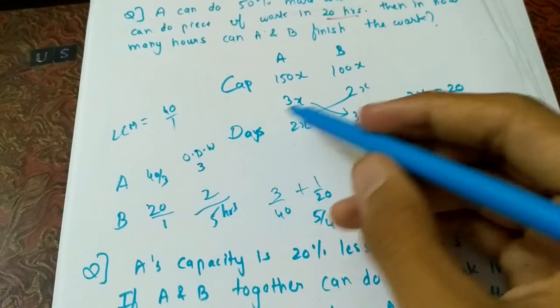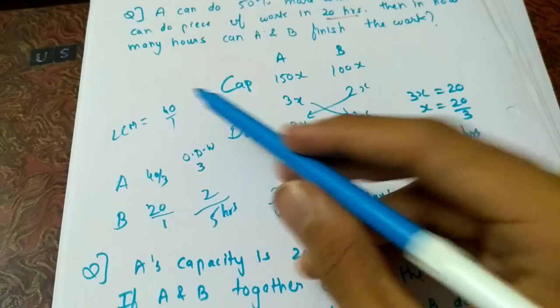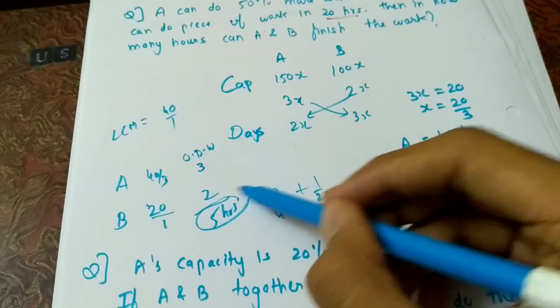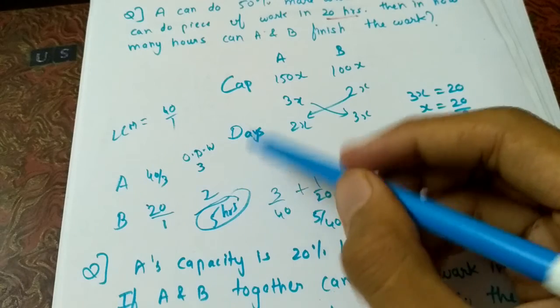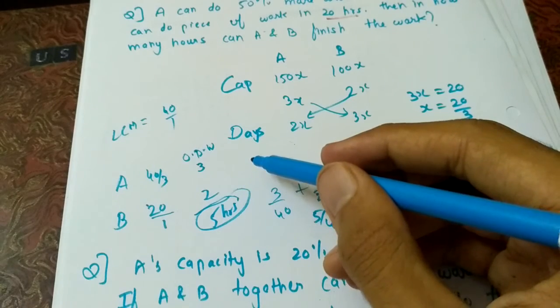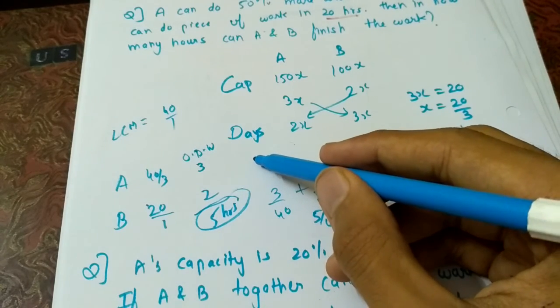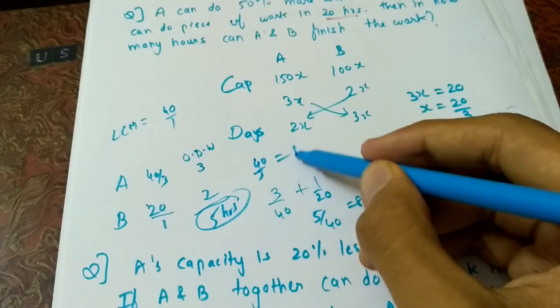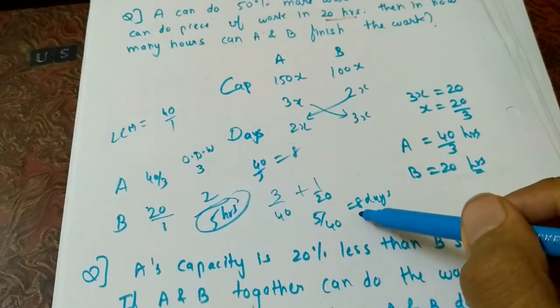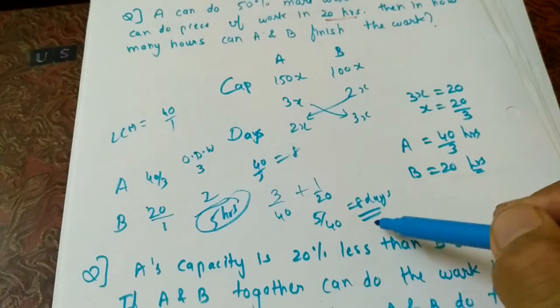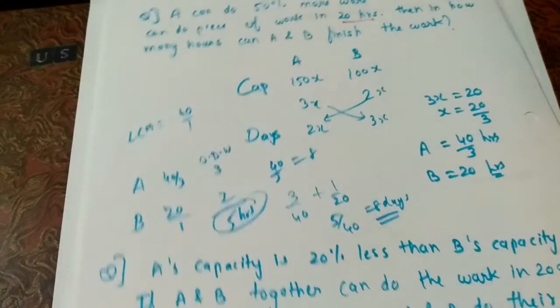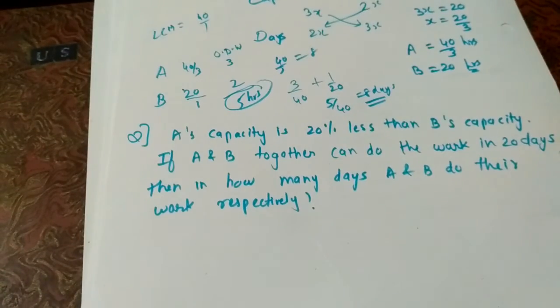So total work is 40, and 1 day work is 5, so the number of hours we can calculate like this, 40 by 5, that is 8. Conventionally also we are getting 8, and by the short trick also we are getting 8. Okay, so these are two methods.